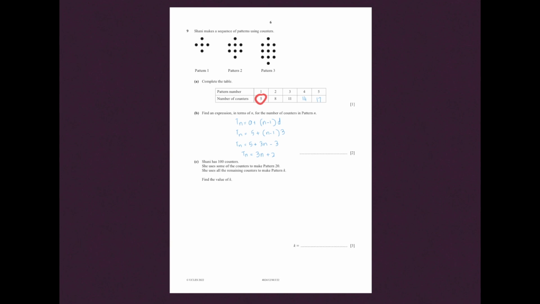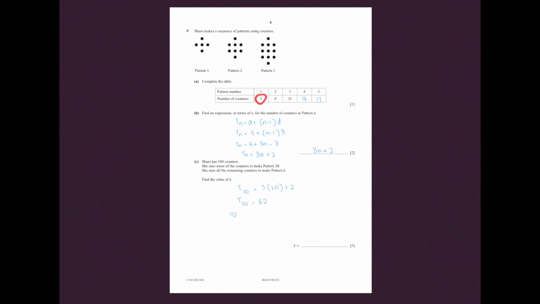Then the next one, Shani has 100 counters. She uses some of the counters to make pattern 20. She uses all the remaining counters to make pattern k. So first you look at the counters needed in pattern 20. In 3n plus 2, put 20. How much are you getting? 62.